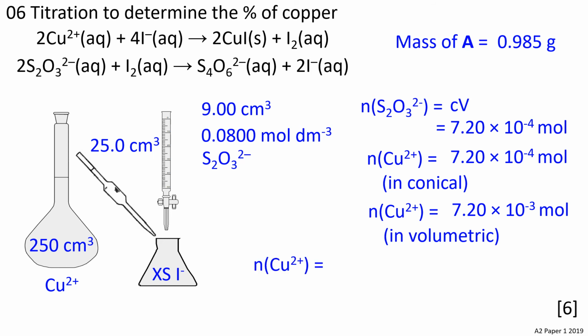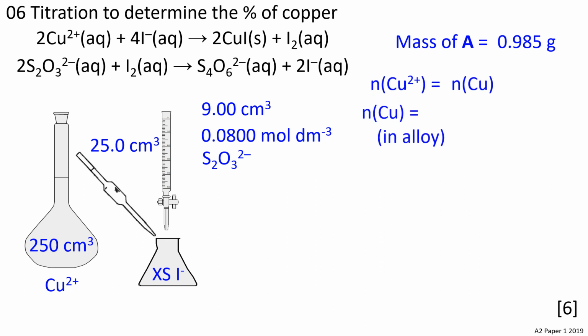Now it's worthwhile remembering that the amount of copper ions is equivalent to the amount of copper atoms that were originally present in the alloy. So we can work out the amount of copper atoms in the alloy. We can then use that to work out the mass of copper in the alloy, and then work out the percentage of copper in the alloy.